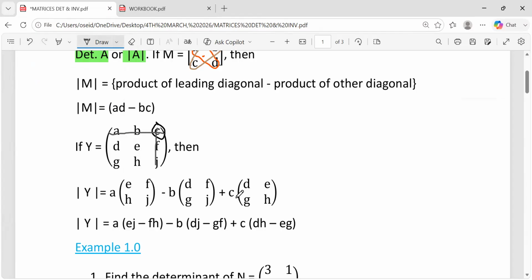So we are going to get C multiplying D, G, E, and H.